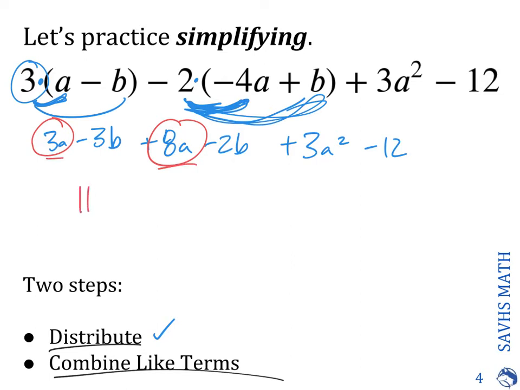Together we have 11 a's. Let's do the b's. Here I have negative 3b, I have negative 2b, together I have negative 5b. Then I have my 3a squared, and then I have my negative 12.